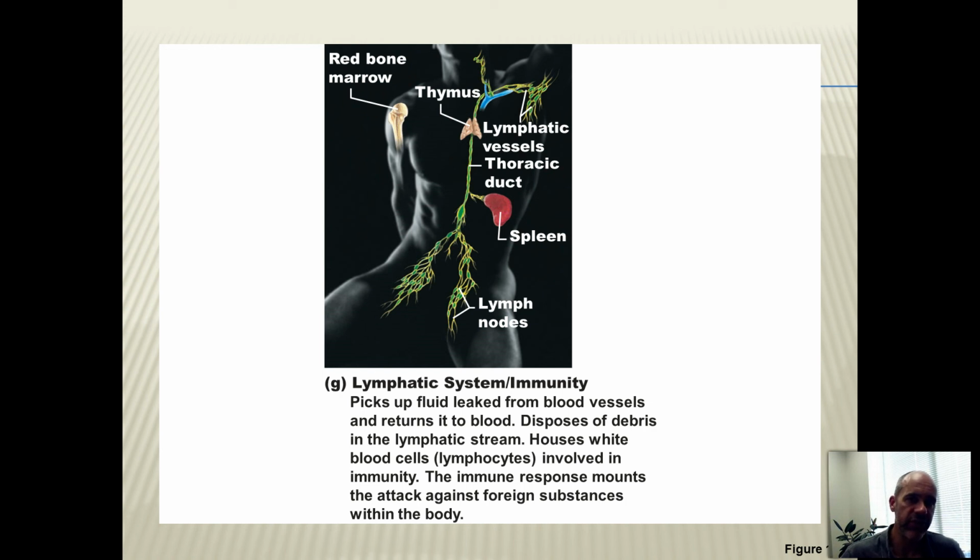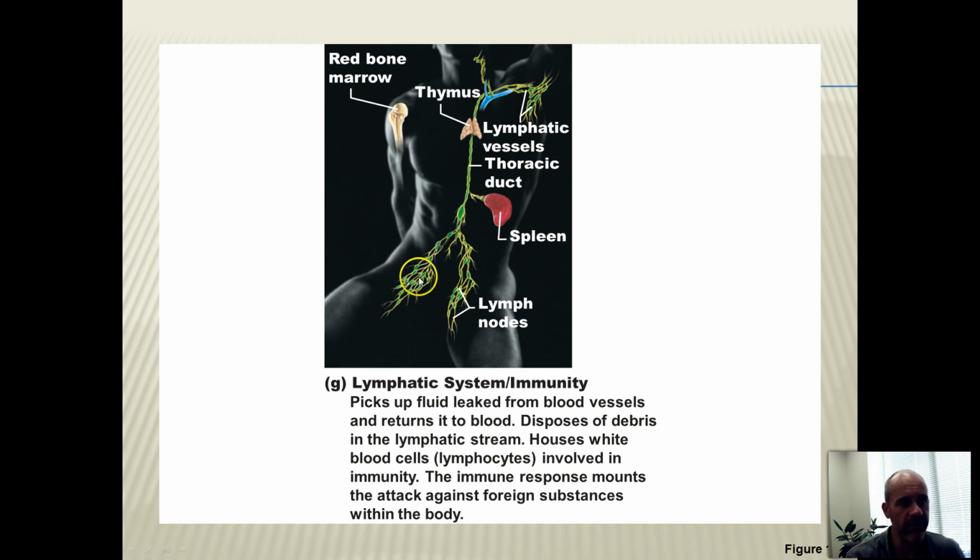All the cells in your tissues are surrounded by these fluids, and that fluid can build up to levels that winds up being too high. And so the lymphatic system, all these little vessels here that are highlighted in green, what they do is they pick up excess tissue fluids and take them down these little lymphatic vessel highways and return them to your bloodstream, to your blood vessels, so that fluid winds up back in your blood.